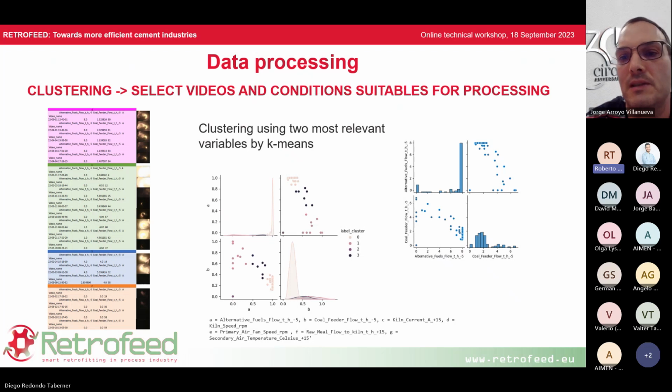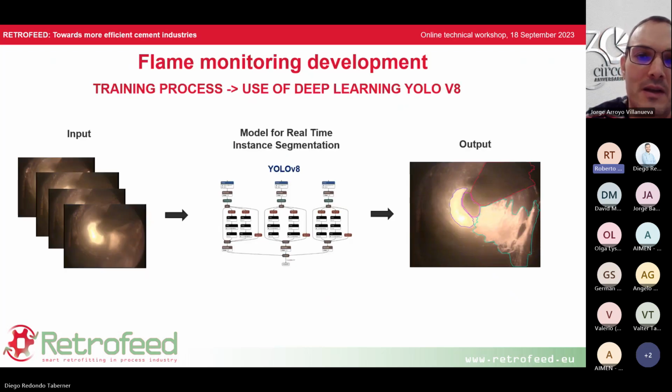We started the training of the algorithms with the videos. This slide summarizes the training process. The input was the images of the video campaigns. We have worked with some models in the laboratory and in the real industrial process, some models for segmentation and some neural networks.